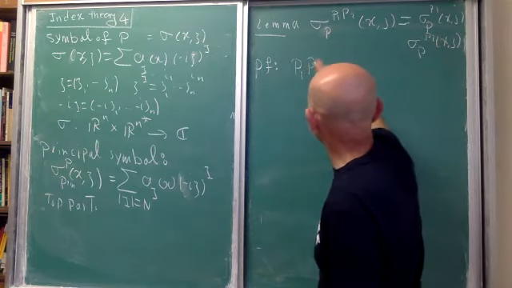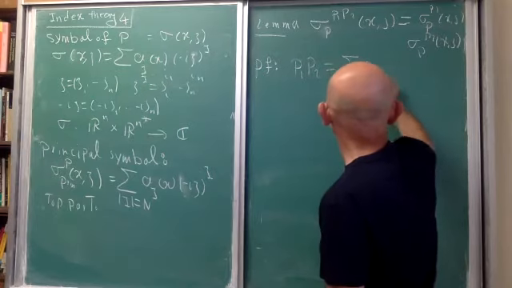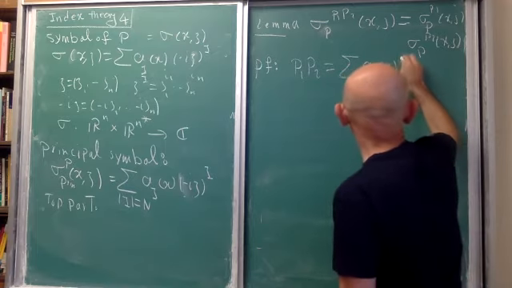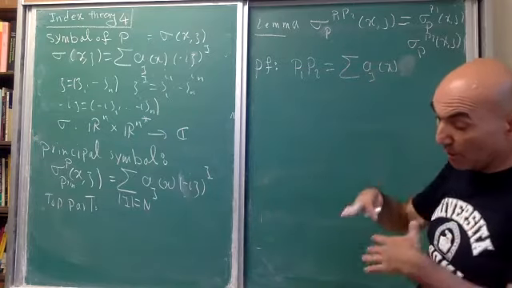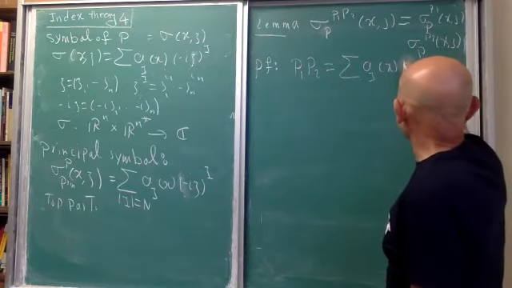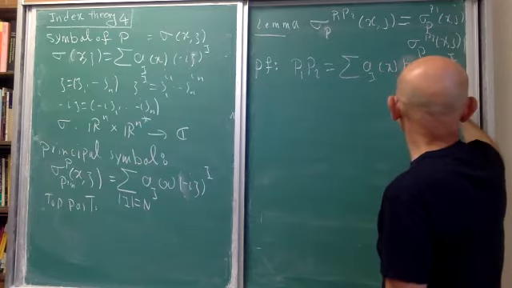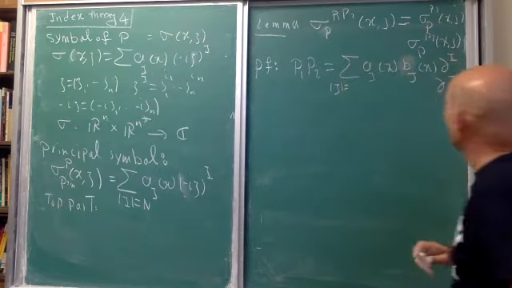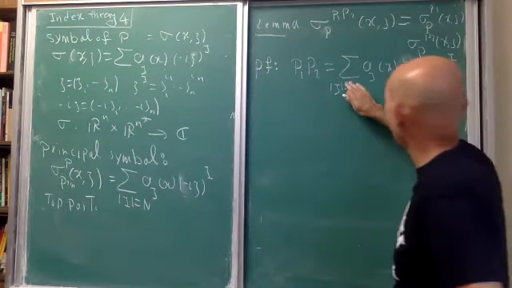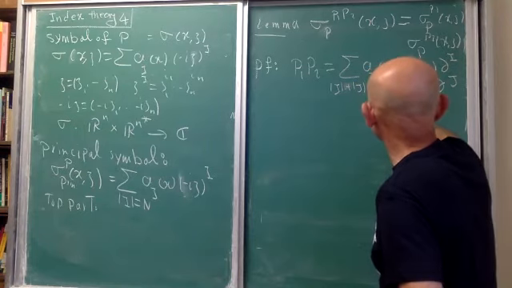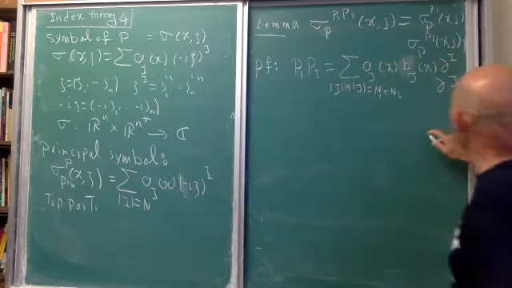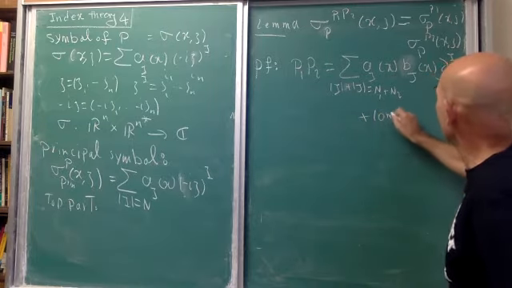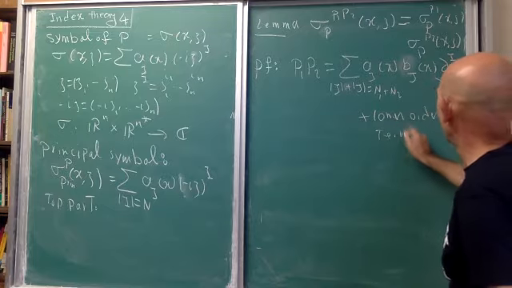P1 P2 is always of this form: the sum of a_I(x) D^I times b_J(x) D^J, where we have to multiply the top parts, and we have to make sure that the absolute value of I plus J is equal to the degrees n1 plus n2, plus lower order terms. You can check that.